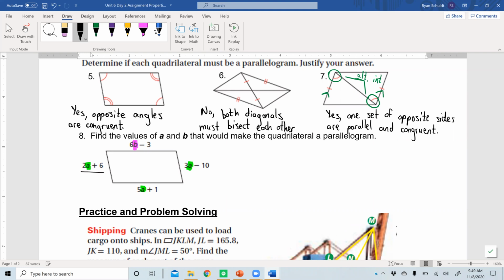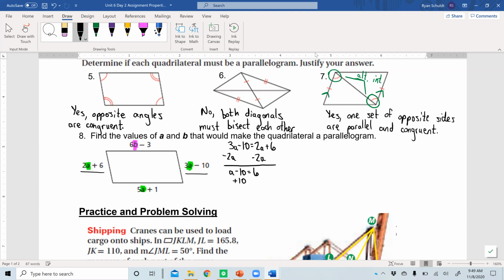So 2A plus 6 has to equal 3A minus 10. So that's where I'm going to start. 3A minus 10 equals 2A plus 6. Subtract 2A from both sides. And we get A minus 10 equals 6.